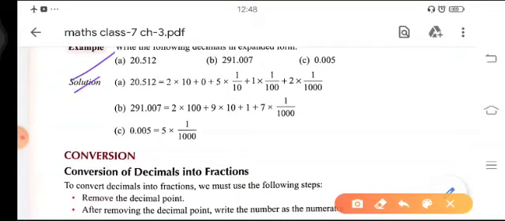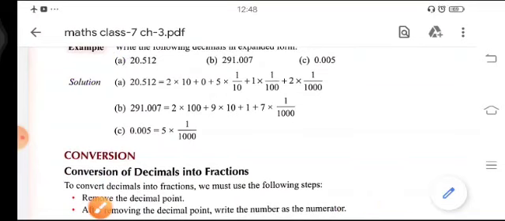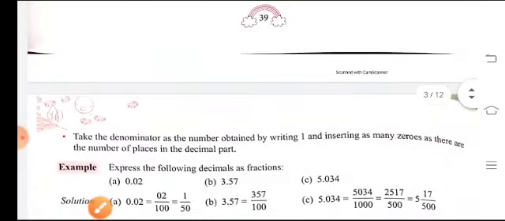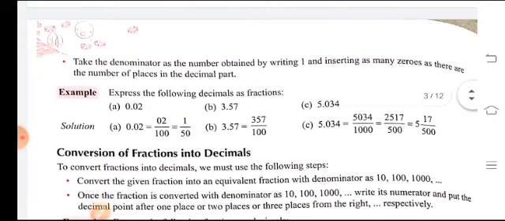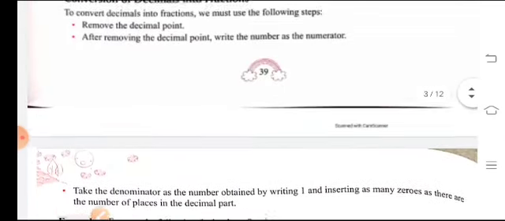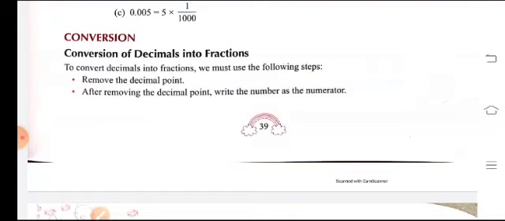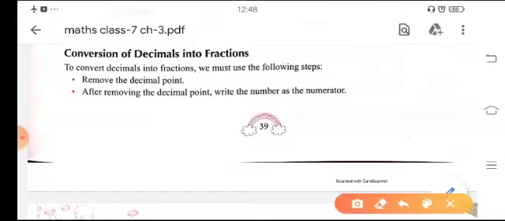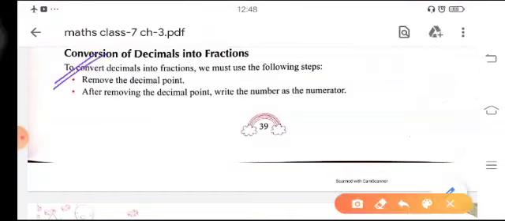To write a decimal number in expanded form, we will take the help of a place value chart, and we can easily write the decimal numbers in expanded form. Now our next topic is the conversion of decimals into fractions. How do you convert decimal numbers into fractions?